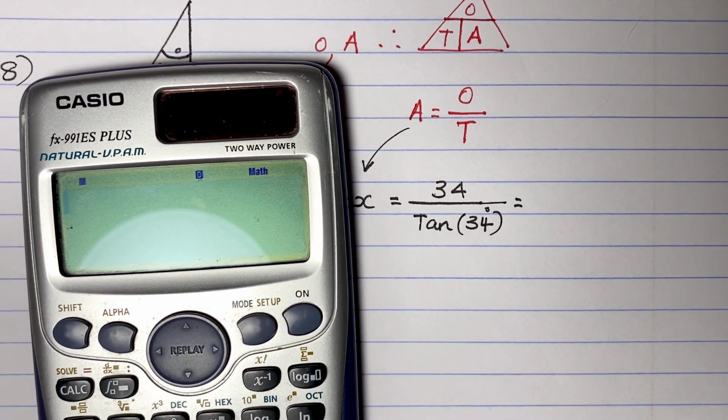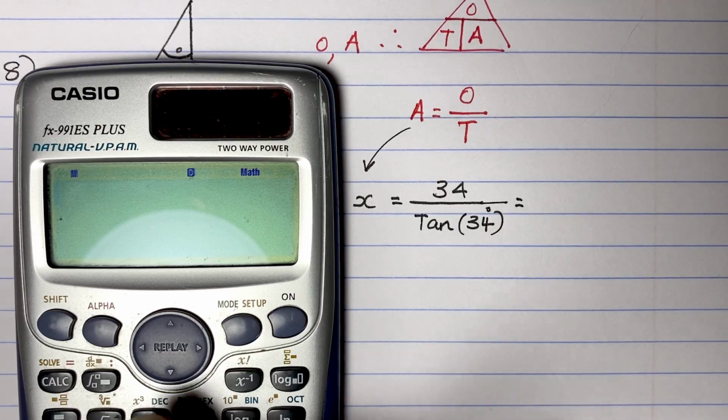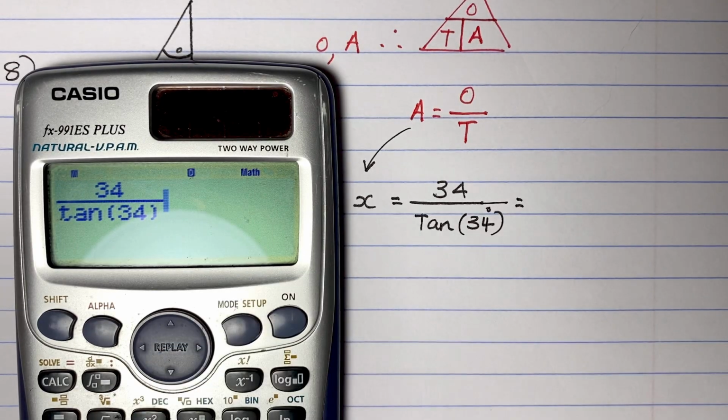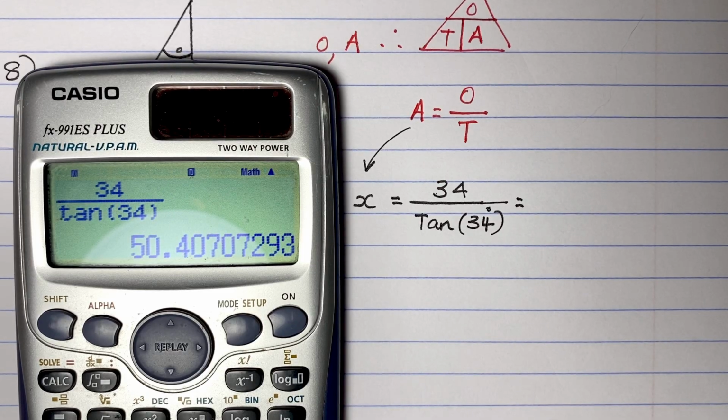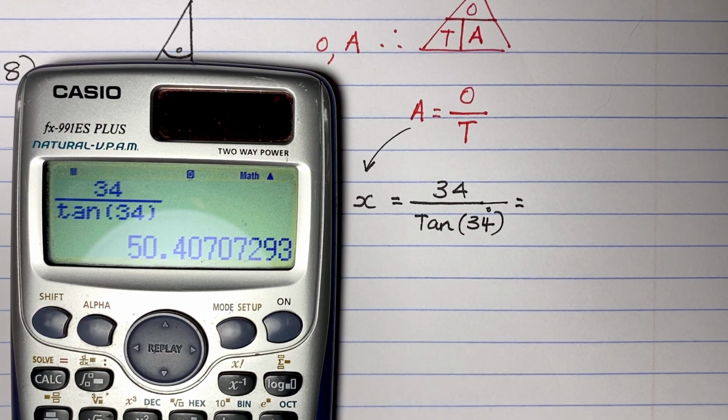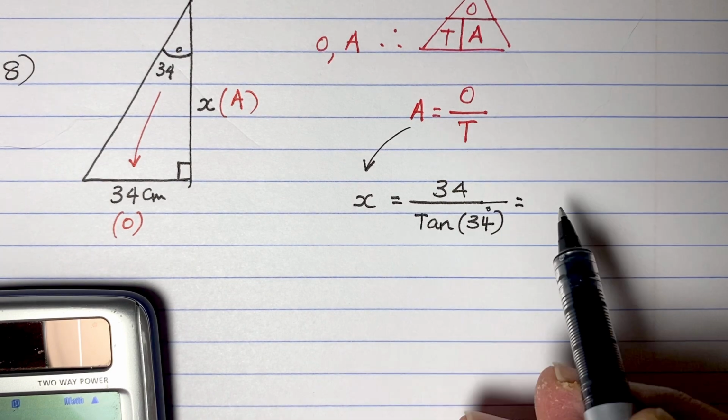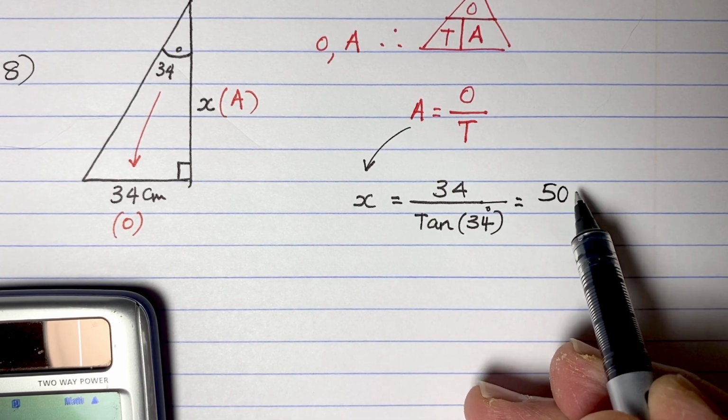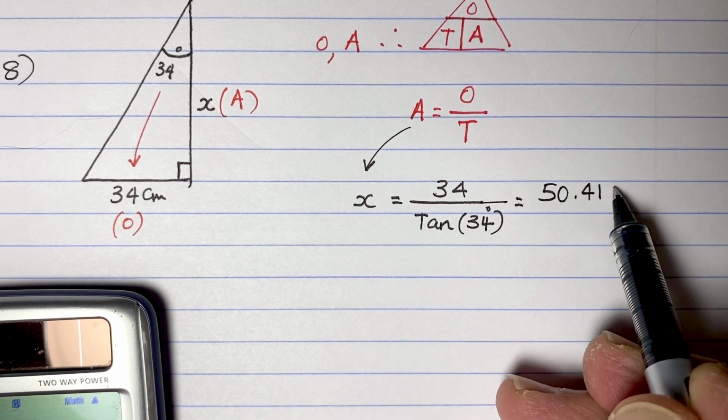So all I have to do now to find X, I divide 34 by tan of 34 degrees. So it would be 50.41 centimeters.